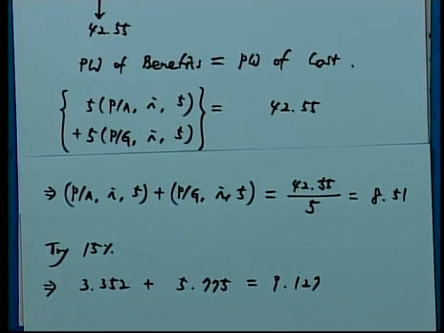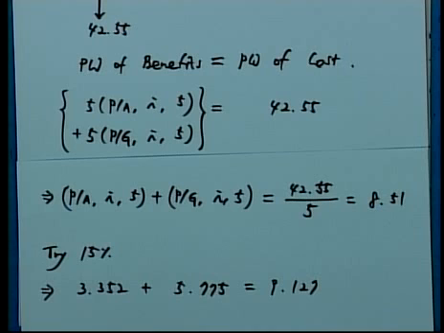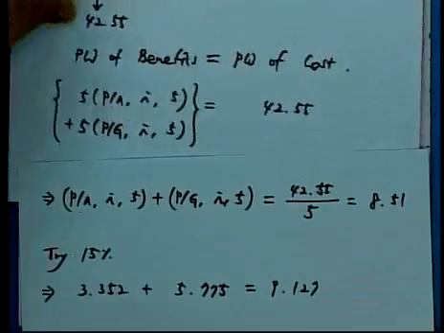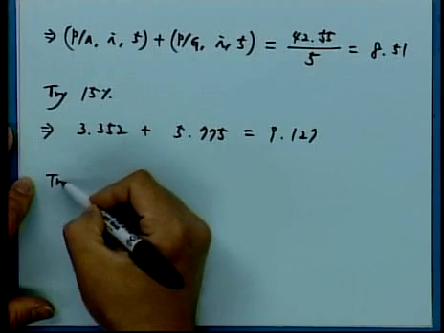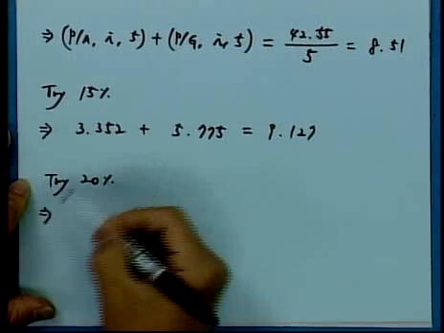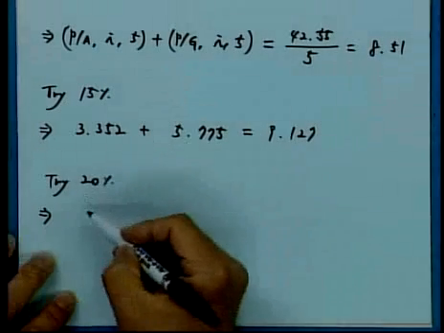So this time, let's use maybe 20%. Then P given A over 5 period is 2.991.